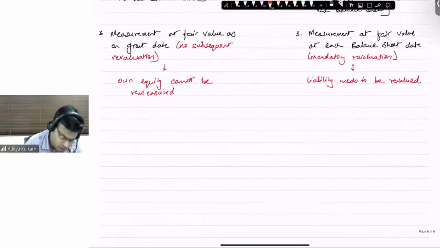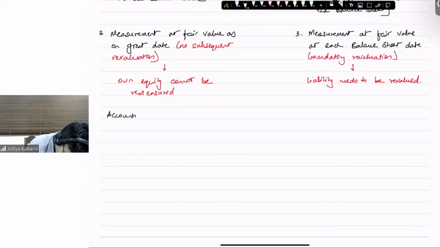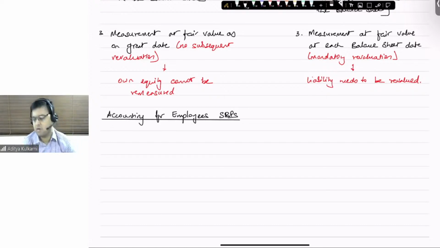So then we move on to accounting for employees' share-based payments. This was what we had started. Under accounting for share-based payments, we had discussed some key terms.